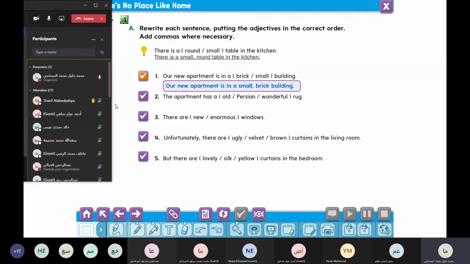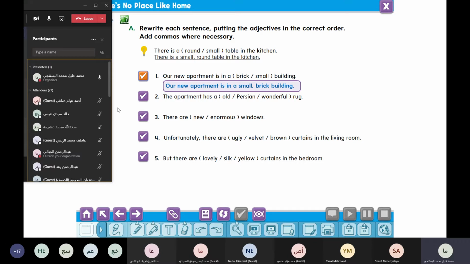Sharif, yes. Yes, the apartment has a wonderful old Persian. Okay. Persian must come last because it is a nationality.